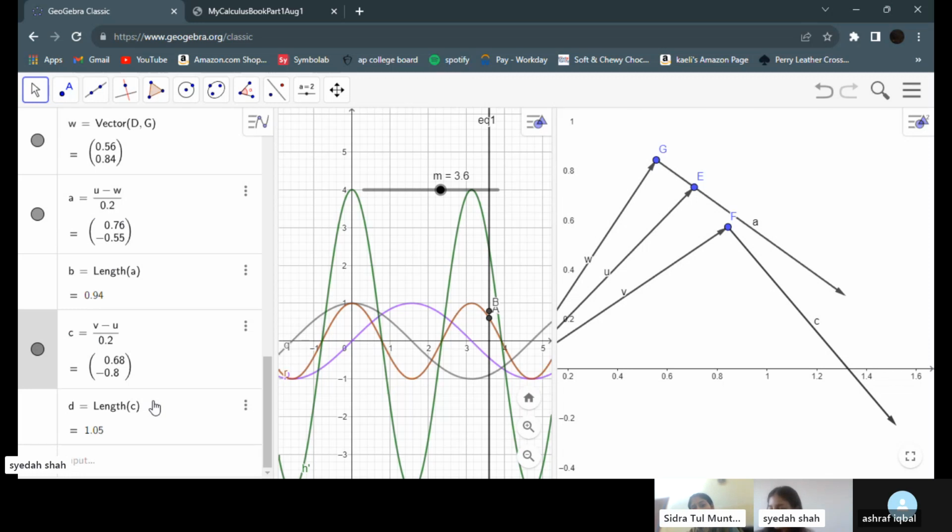Okay, Halima, can you set the position to E rather than F? Oh, okay, yes.